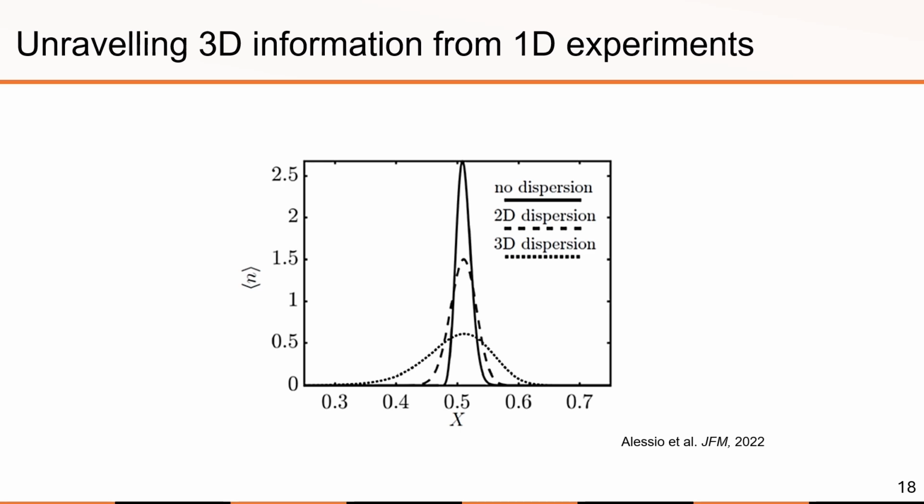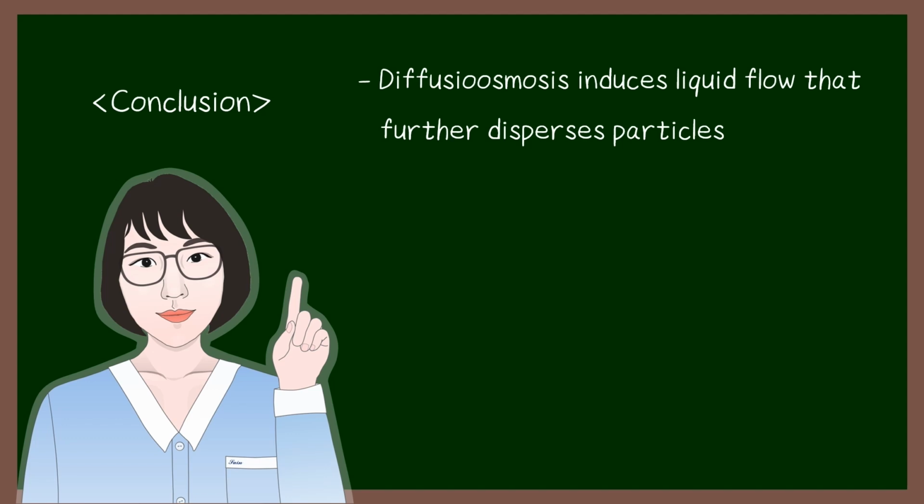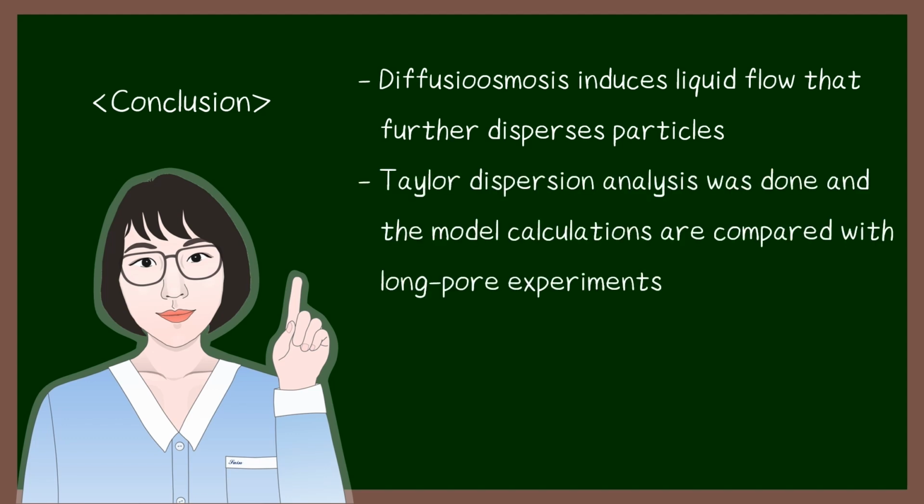To conclude, we investigated a dead-end pore system where three-dimensional flow effects are not negligible in the analysis of particle diffusiophoresis. To unravel the three-dimensional information in one-dimensional diffusiophoresis experiments, we focused on the analogy between our system and the Taylor dispersion configuration.